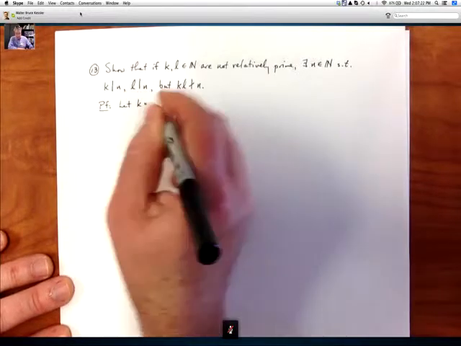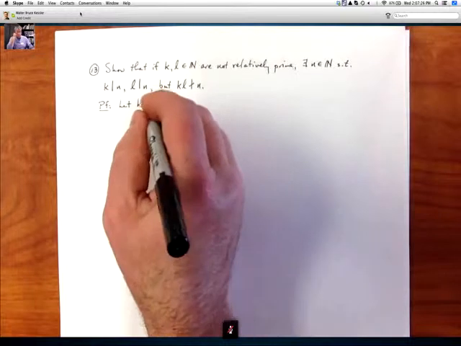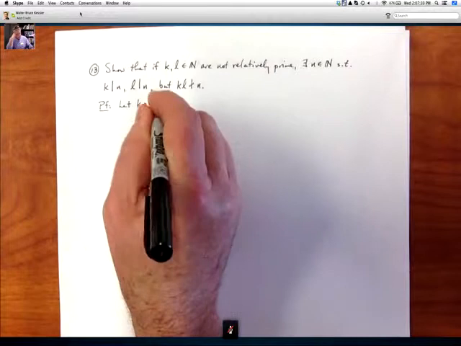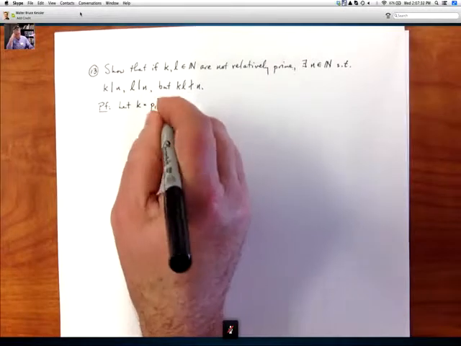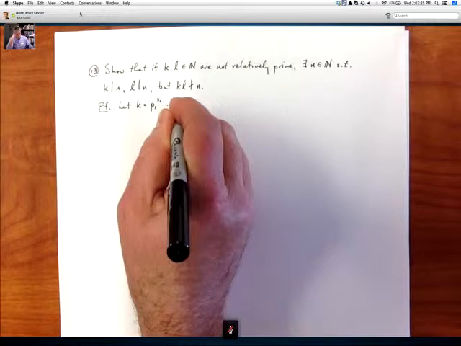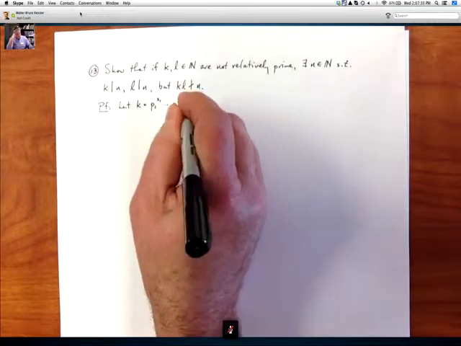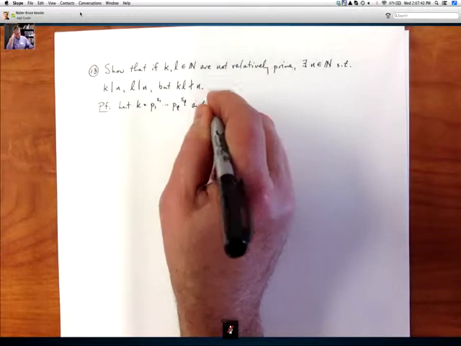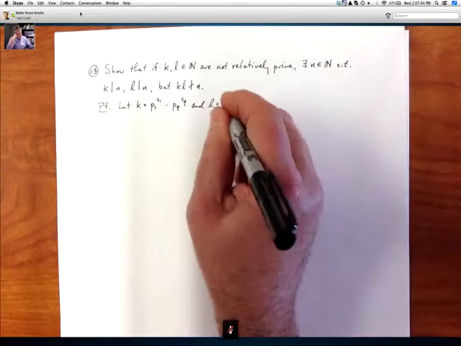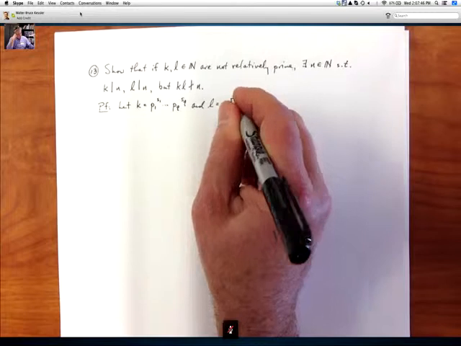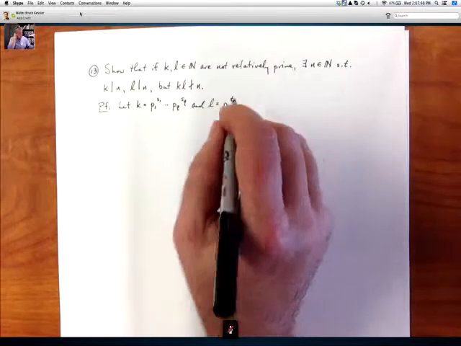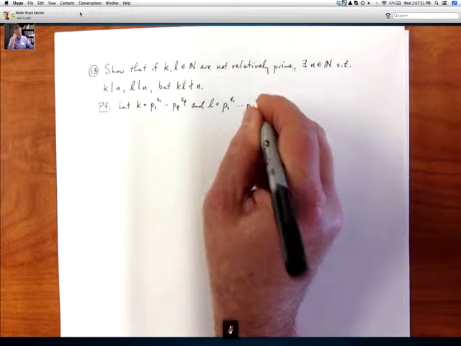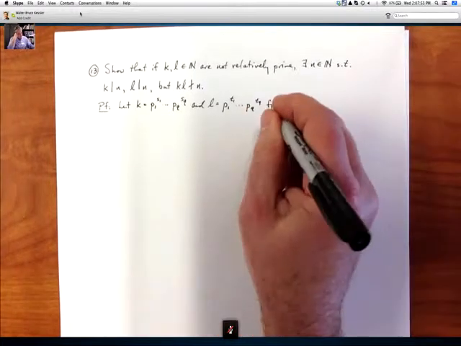Let K be, what we do is we look at its prime factorization. So p sub 1 to the power s sub 1 and on, p sub q to the s sub q. And then there's L, which is p sub 1 to a possibly different power, t sub 1, and on, with p sub q to the t sub q. Okay.